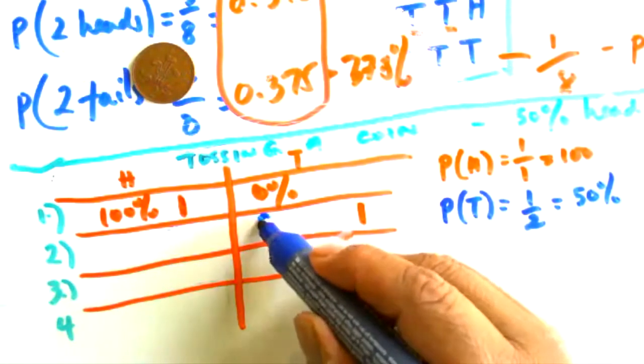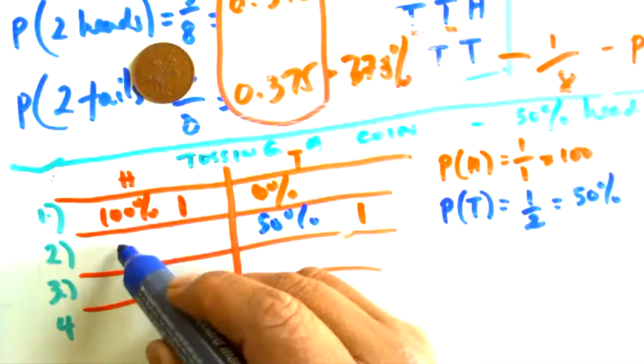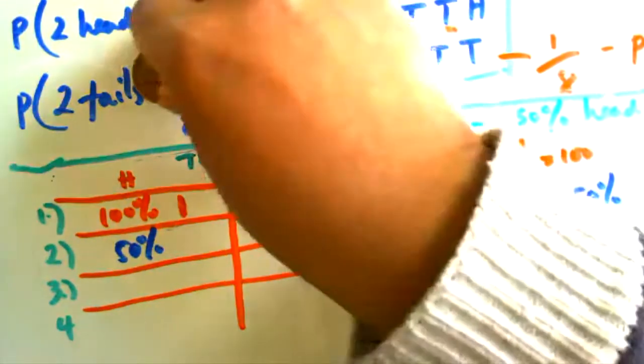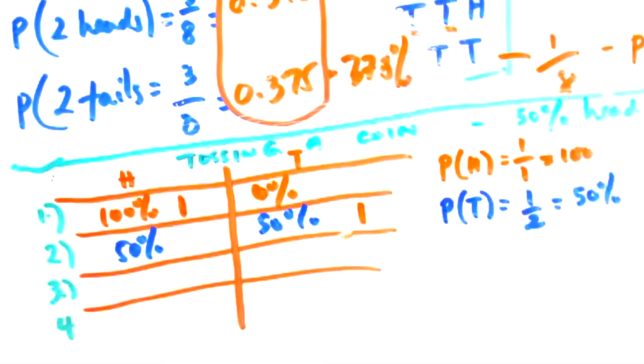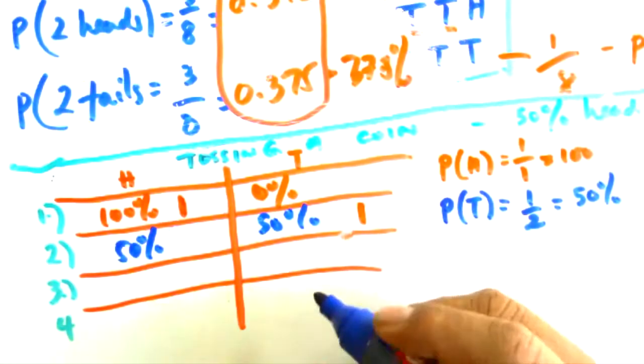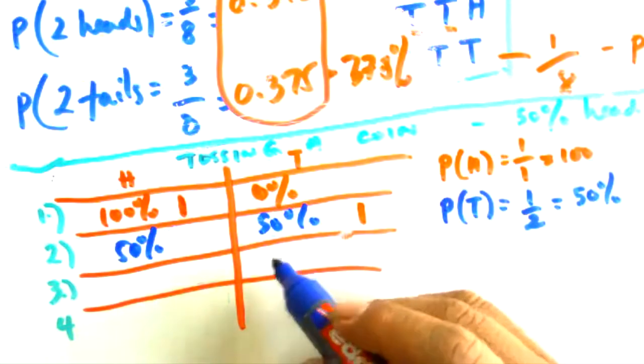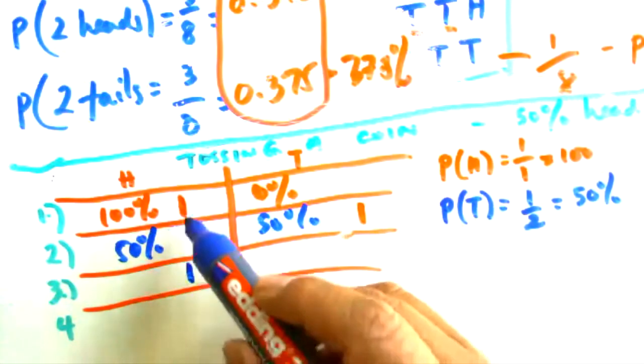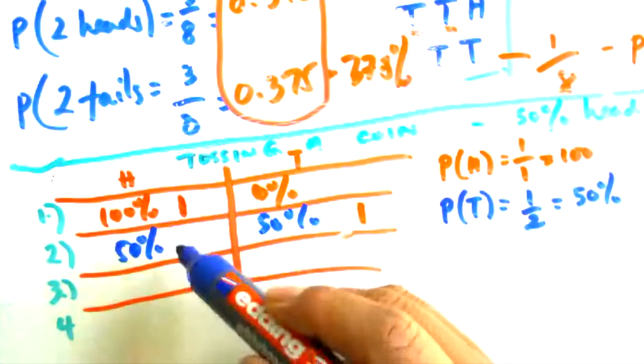So here it's 50% and 50%. And so on. You toss it again, and it's heads. So you see there are 2 heads now. Of the 3 throws, you got 2 heads.